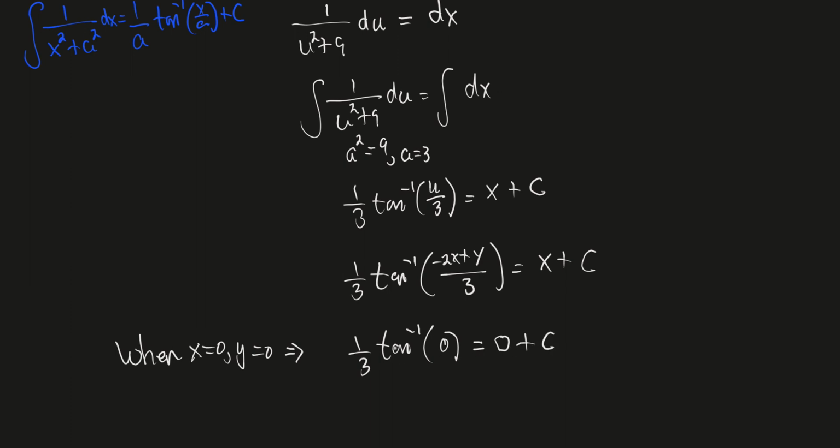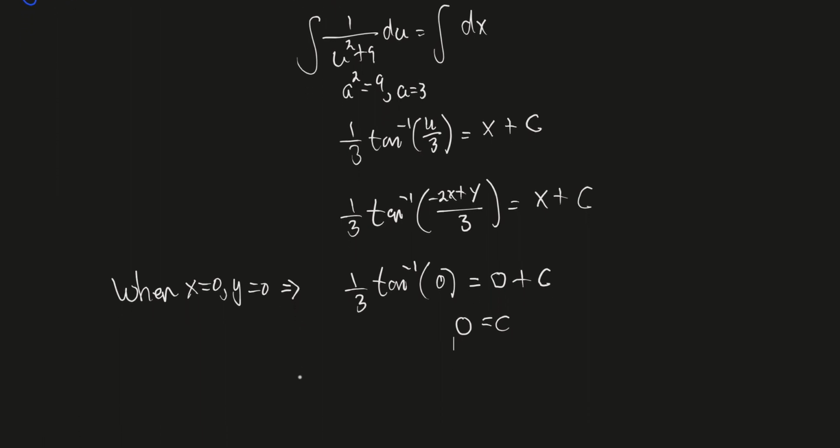The arctangent of 0 is 0, so my constant comes out to be 0. That's handy, and it should make it a little easier to solve for y. So here is our implicit particular solution. It's implicit because we have not yet solved for y.